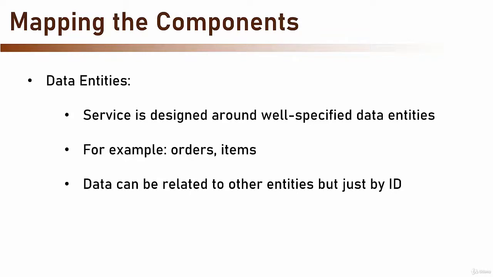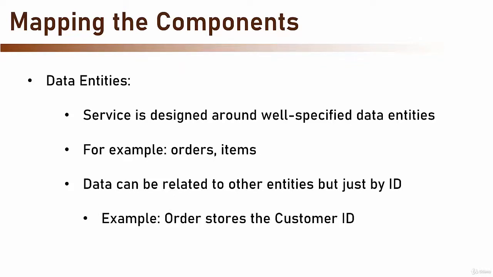Now, it should be noted that the fact that a service is designed around entities does not mean it cannot deal with other entities, but these entities should be related to by their ID, and the service should not store the full entity. One classic example for that is when the orders entities handled by the order service store the customer ID.